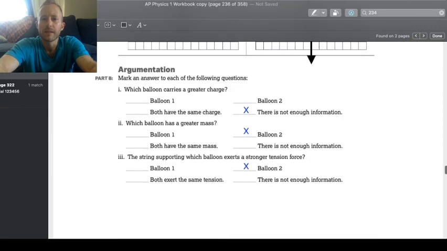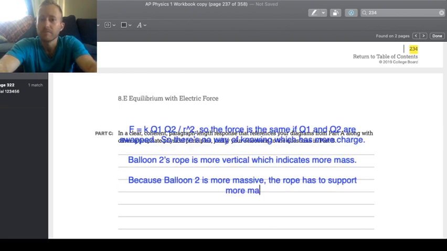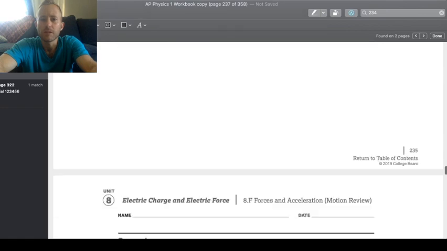And then for part 3, I would say because balloon 2 is more massive, the rope has to support more mass, therefore more tension. Something like that. Okay? So, wow, that's pretty straightforward.